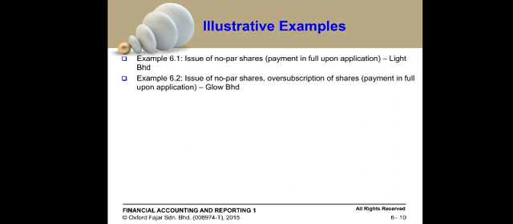The book that you have now is the second edition, so you check in the book for an example of the accounting record for issuance of no-par shares, and also an example for the issuance of no-par shares with oversubscription of shares. Okay, there are many examples. Focus on these two types of accounting record, how to record these two types of situation.